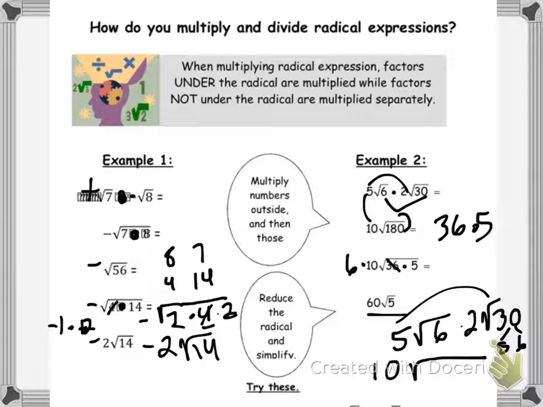So we don't have to factor this one. So we'll say 6 times 6, because we still have that 6 right there, and then 5. Because we've got two of the same values, 6 times 6 is the same thing as 36. So we'll take that 6, pull it out. 6 times 10, 60 on the square root of 5.